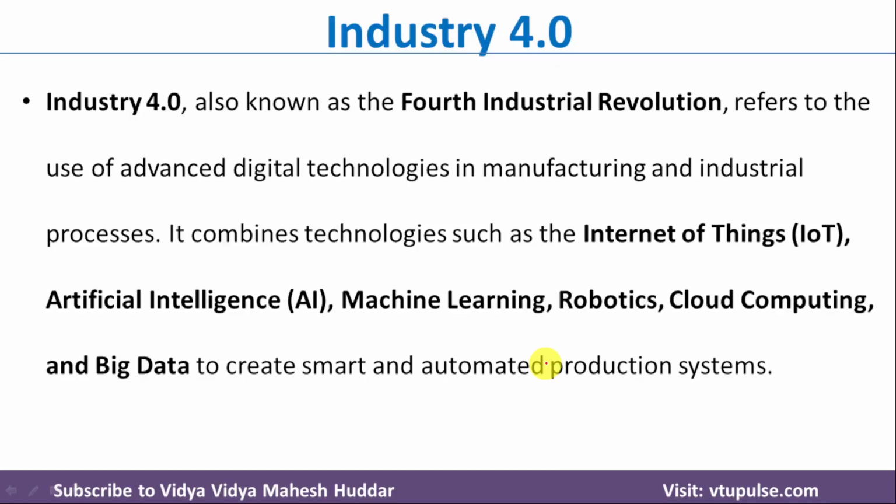Industry 4.0, also known as the Fourth Industrial Revolution, refers to the use of advanced digital technologies in manufacturing industry processes. It combines technologies such as the Internet of Things, artificial intelligence, machine learning, robotics, cloud computing and big data to create smart and automated product systems.